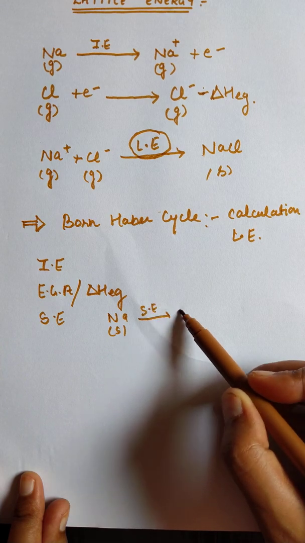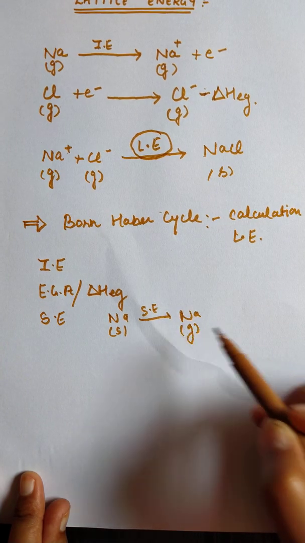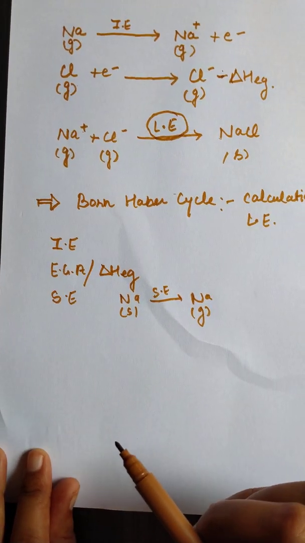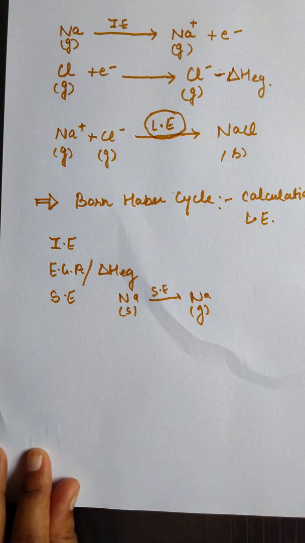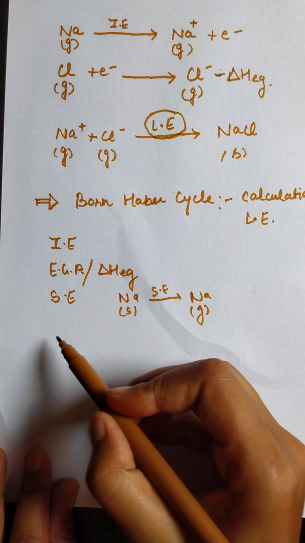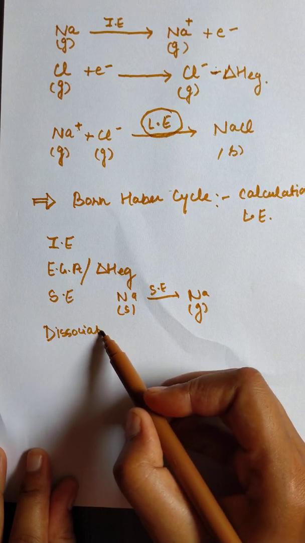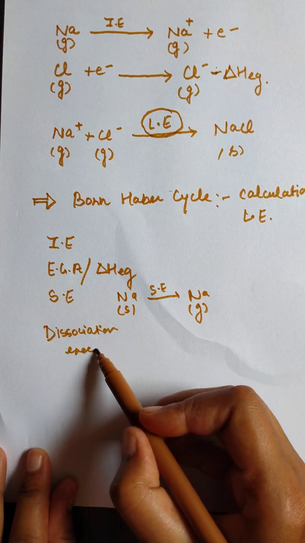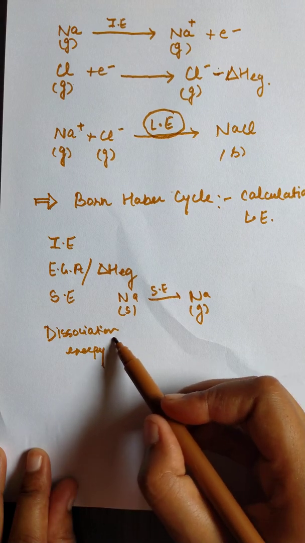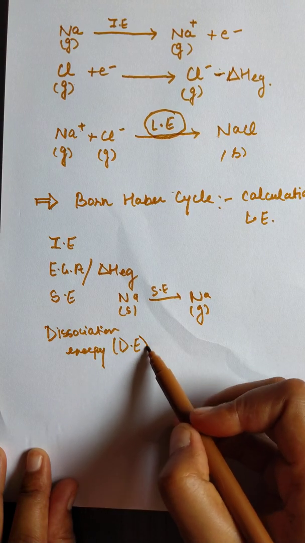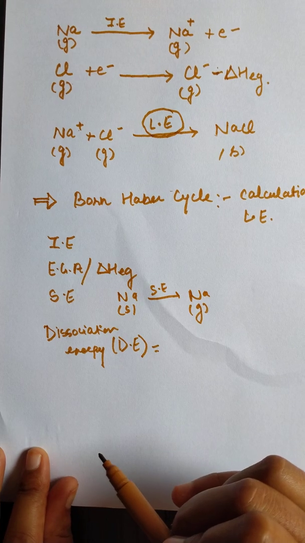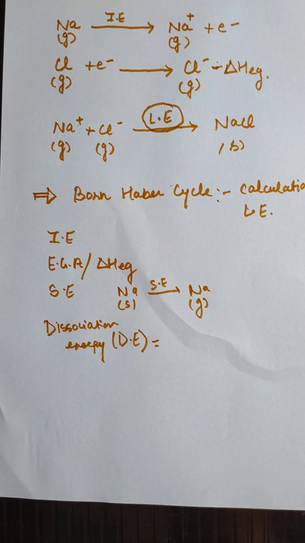The next type of energy that we use is the dissociation energy. What is the dissociation energy? It is the energy required to dissociate a molecule, meaning the energy required to break a molecule.